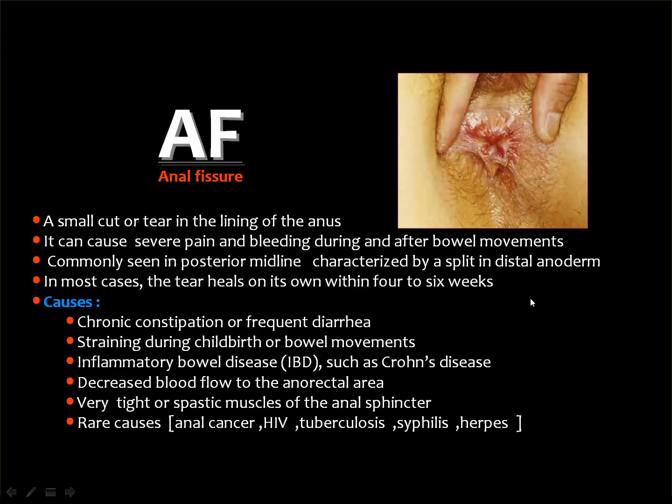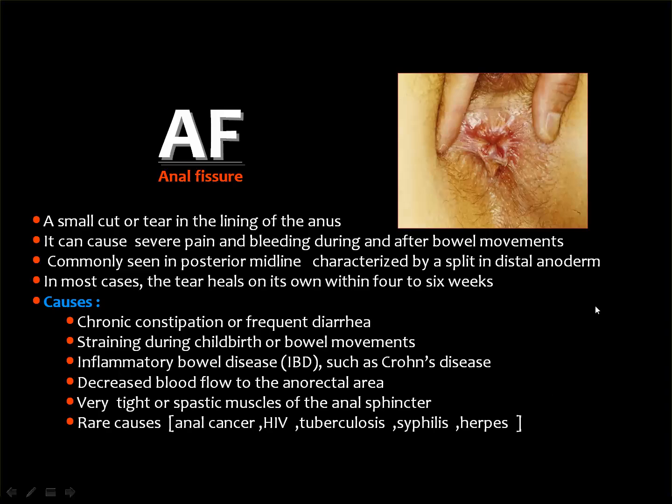Then the most classic site for the anal fissure is exactly posteriorly in the midline, and in most cases the fissure heals spontaneously, but sometimes it may need surgical intervention.